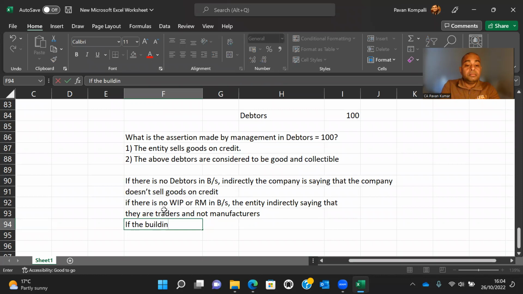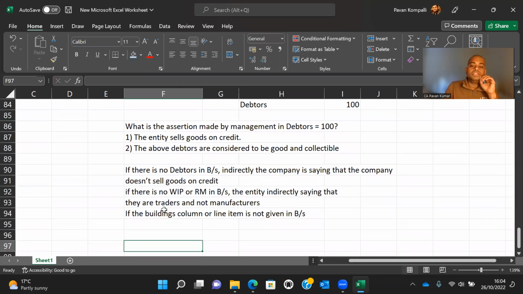If the buildings line item is not even in the balance sheet, you tell me, what is the meaning of this? You have opened the balance sheet of a company. There is no line item building. So can an entity exist without owning building?